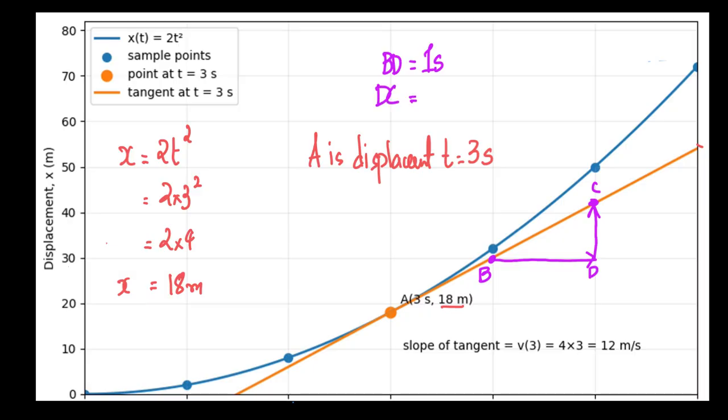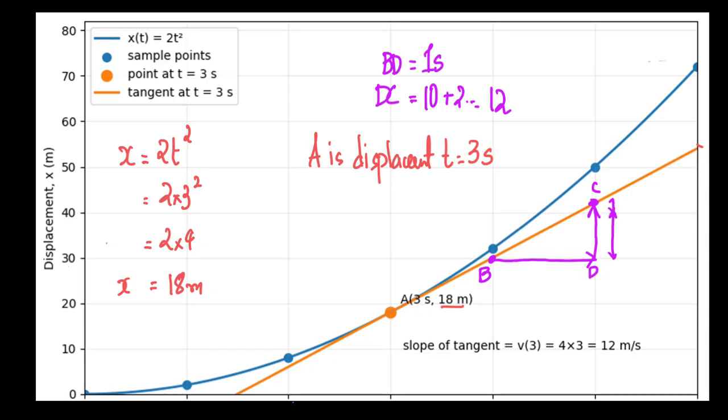What is DC? DC is 1 unit, which is this much, plus some of it, maybe less than half of it. 20 to 30 is 1 unit, which is 10, plus, I don't have the subsection here. Maybe this is less than half. So approximately 2, which gives us 12.